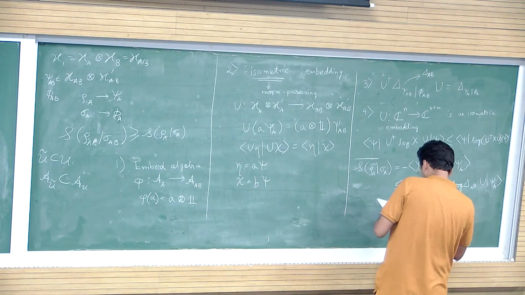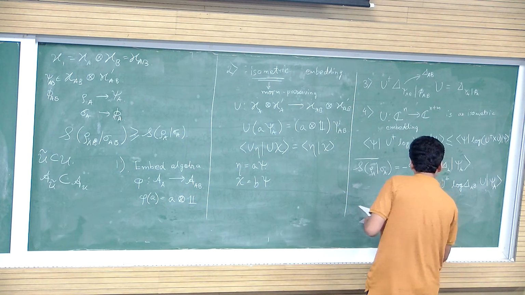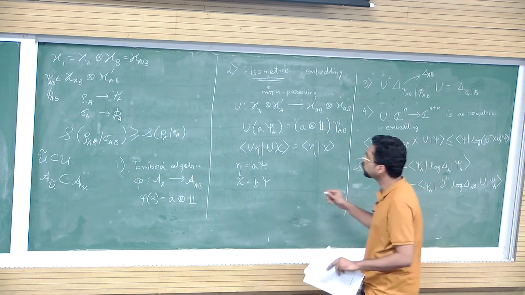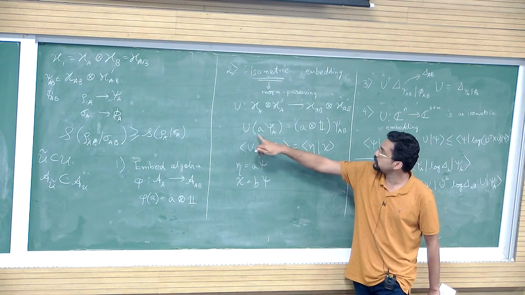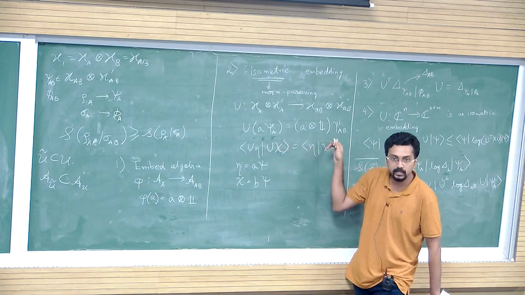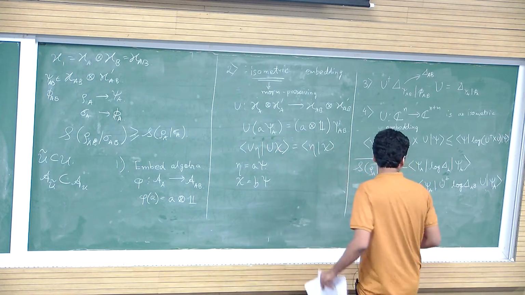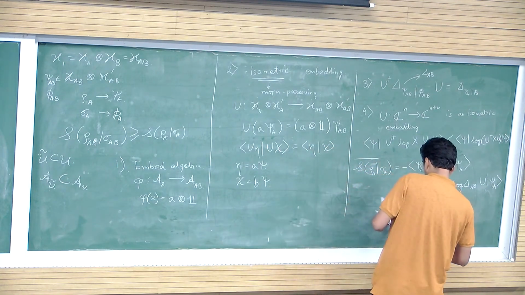Once I do that, now this action of u, this is how I have defined. So if you put A equal to identity, what you see is u acting on psi A simply gives you psi AB. Okay.